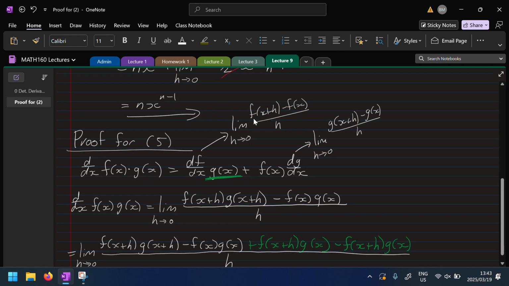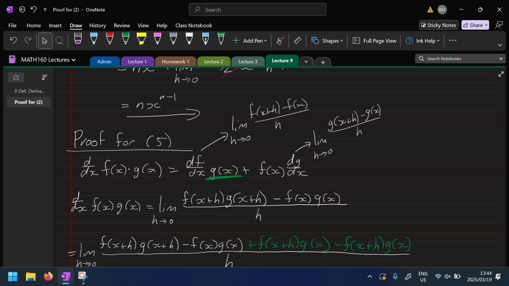For the first limit over here, this one here, f of x plus h minus f of x. Everyone see that? Yes, no? I'm pointing. Can you see the arrow? So you can see. Okay, yeah, there. F of x plus h minus f of x. I want that to be my first limit. And I'm multiplying it by g. Okay.